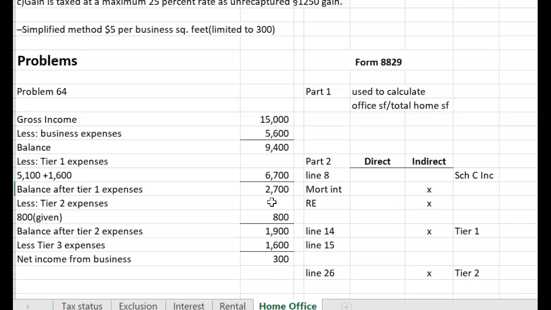And your tier 2 expenses would be indirect expenses. Now here they gave us a total number of operating expenses for the home to be $800, which is the total expenses times the percent calculated in part 1, and that was $800.